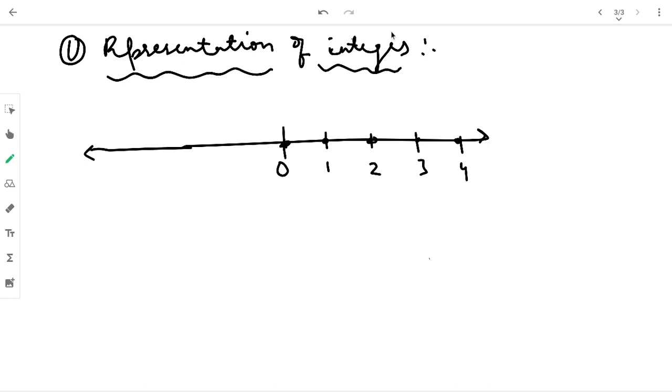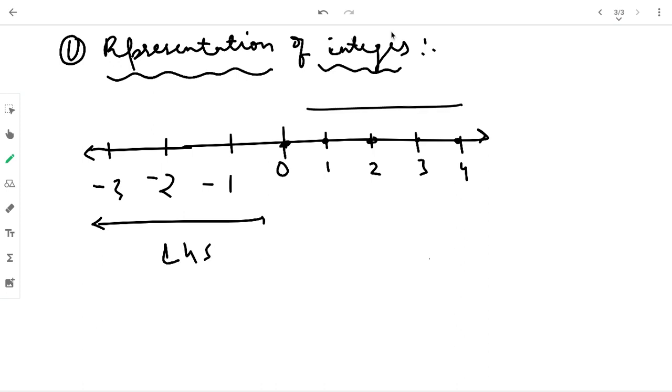Now in this we have to write on the left hand side as well as the right hand side. This is -1, this is -2, this is -3. This is the left hand side and this is the right hand side. So these are the representation of integers on the number line.